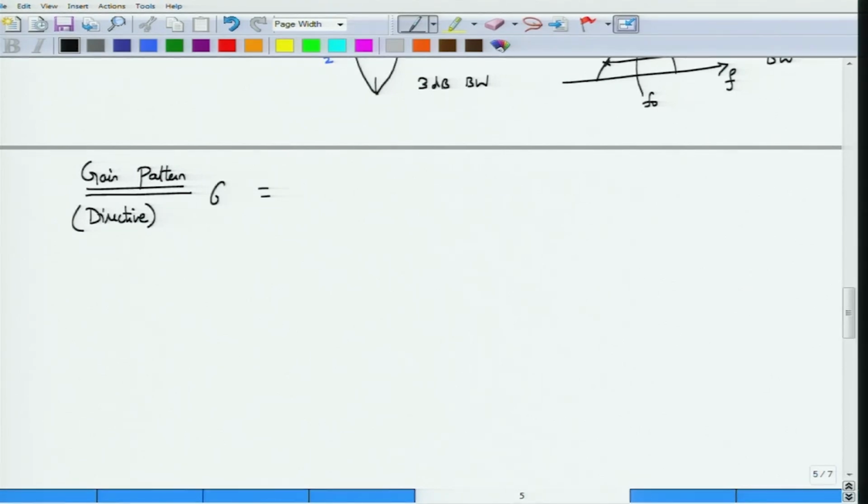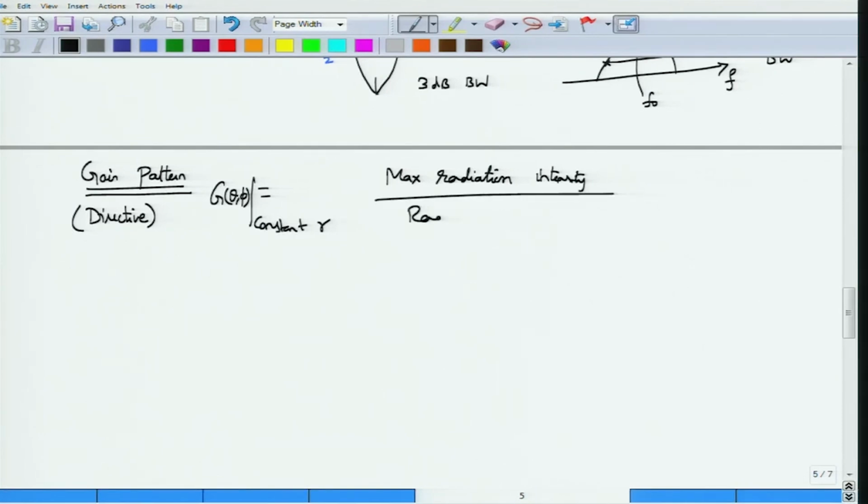It is a quantity dependent on theta and phi at a constant r, and this is defined as the ratio of maximum radiation intensity or radiation power density, divided by the radiation intensity of the reference antenna, or the radiation intensity of an isotropic antenna or an isotropic radiator.